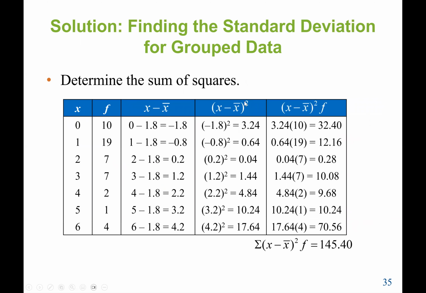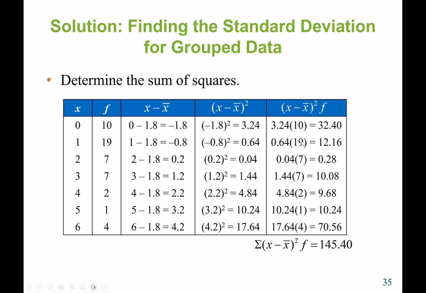Now, to find the standard deviation, remember we need to find a deviation for each entry. So we subtract the mean from each data entry. Then we square the deviation. Then we can sum it. But before that, since in each category we have a different number of values, you can see for zeros we have 10.